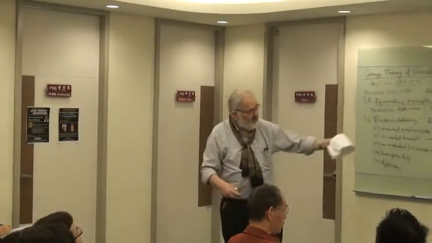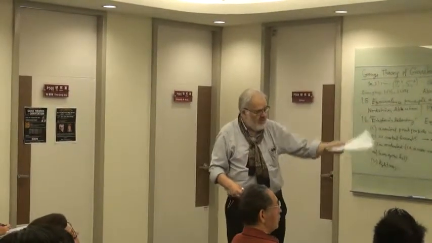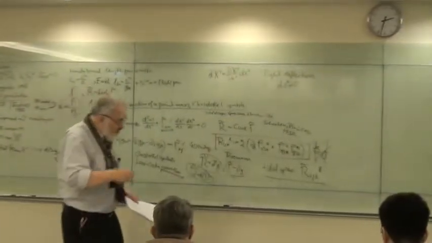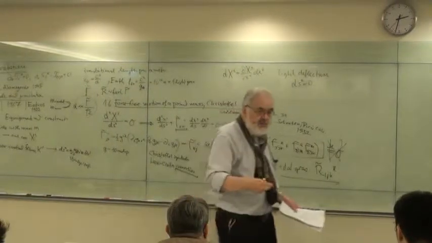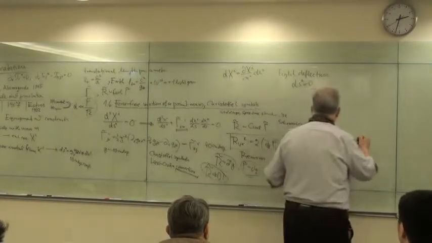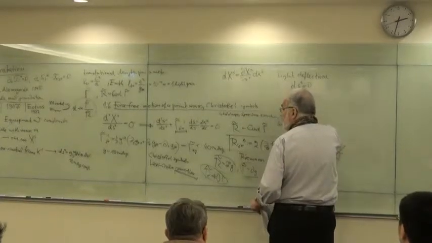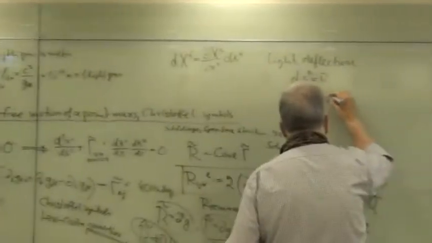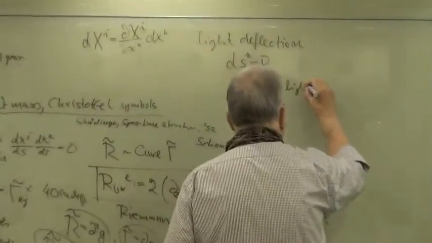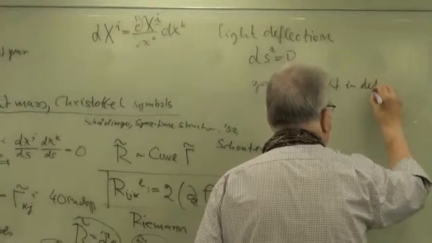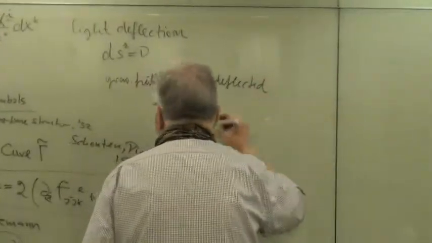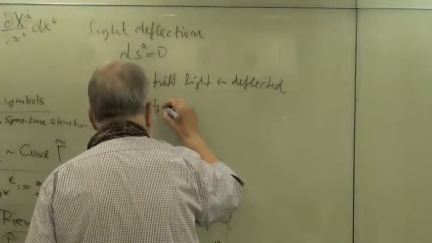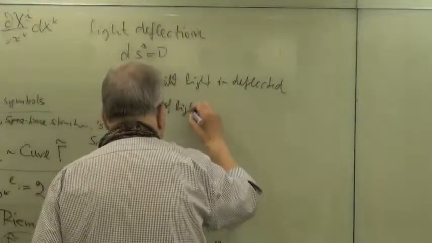And the light ray will follow a geodesic, which is determined by ds squared equals 0. Now in curvilinear coordinates, it's no longer a straight line. So in curvilinear coordinates, and according to the equivalence principle, in the gravitational field light is deflected and the velocity of light changes.